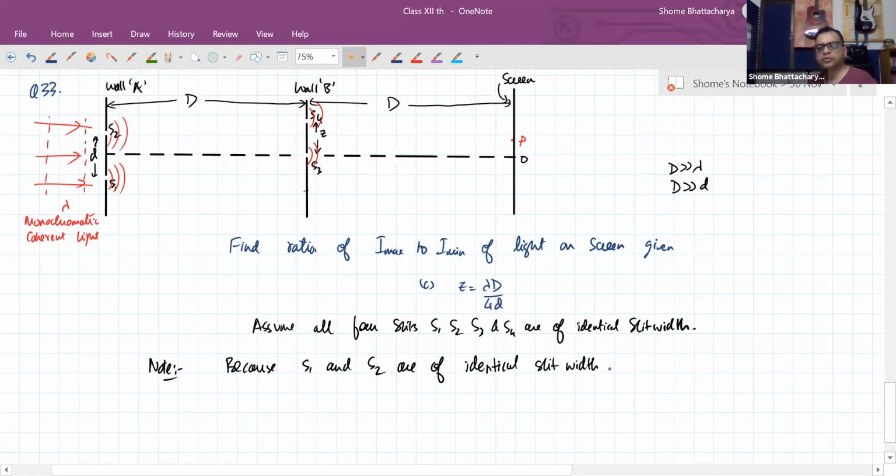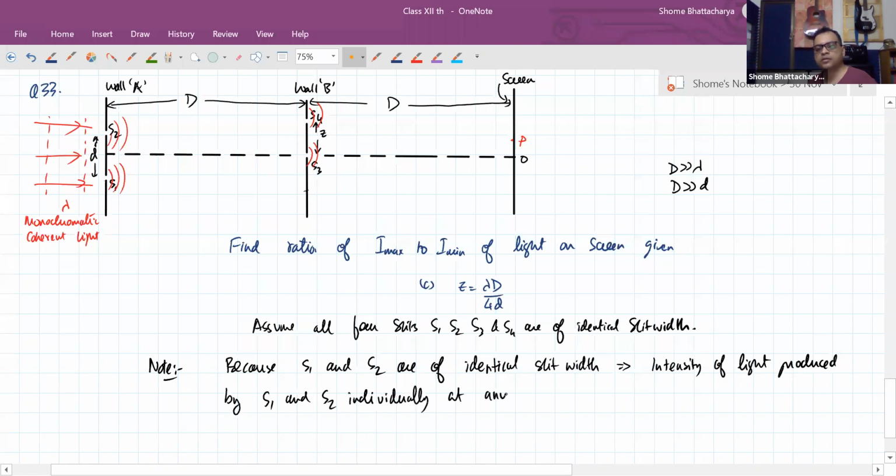Therefore, the intensity of light produced by S1 and S2 individually, at any point on the wall B, is the same. And let's say that is equal to I, suppose.